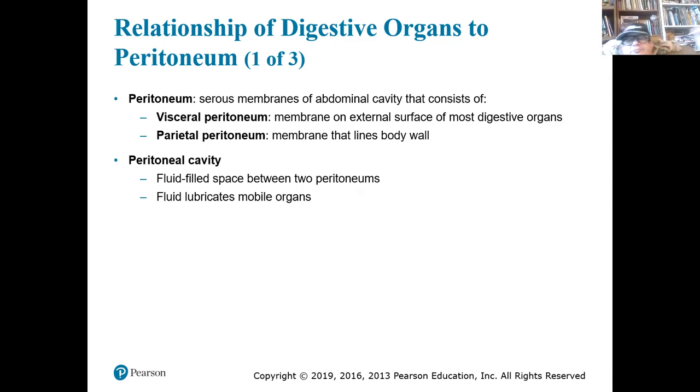So you're swallowing a big piece of food, you are going to see the intestine in that area gets bigger as the food passes. Well, it's easy for them to move past each other that way, because you've lubricated it. Everything is lubricated by the serous fluid of the peritoneal cavity. All right, moving on.